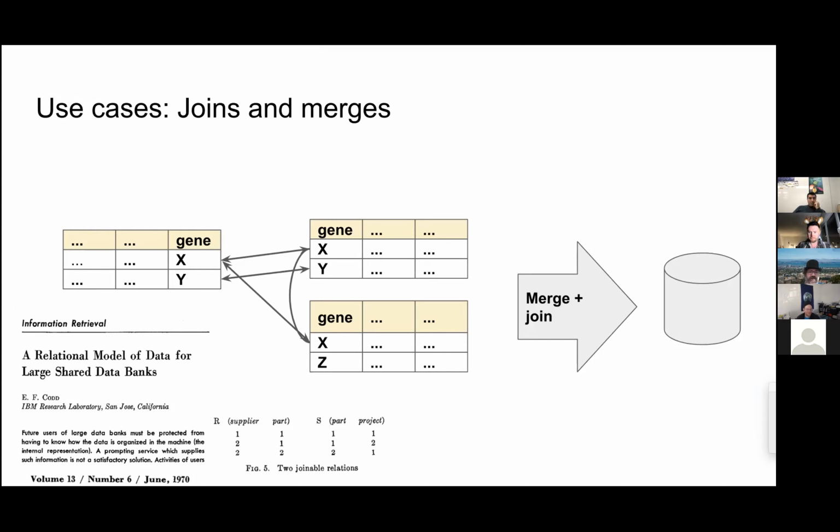In June 1970, Codd came up with his relational database model paper, where he came up with a formalism for being able to do projections and joins and merges across databases. So you have primary keys and foreign keys. And if the primary key matches, you can join these together. If the primary key points to the foreign key, then you can do a join between these tables. So this has all worked out for over half a century now.